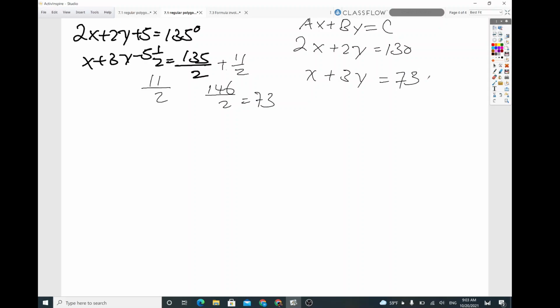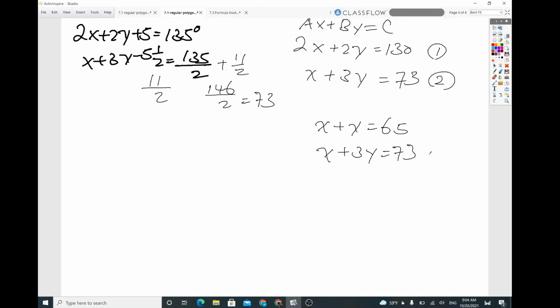Then solve for x and y. For the first equation, we can simplify a little further by dividing both sides by 2. So we got x plus y equals 130 divided by 2, which gives 65. And then x plus 3y equals 73.